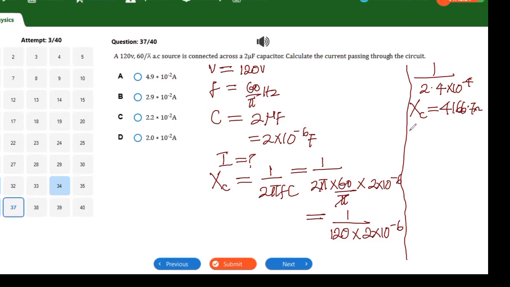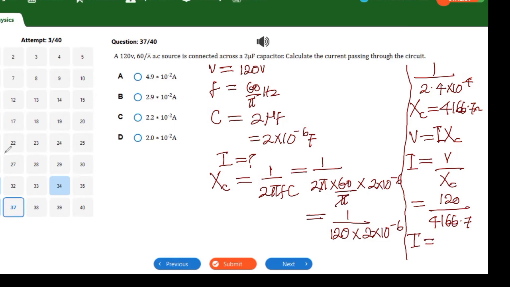Then we use the formula V equals I XC. Therefore, the current I equals V over XC, which is 120 over 4166.7. When you divide, I equals 0.0288 amp.